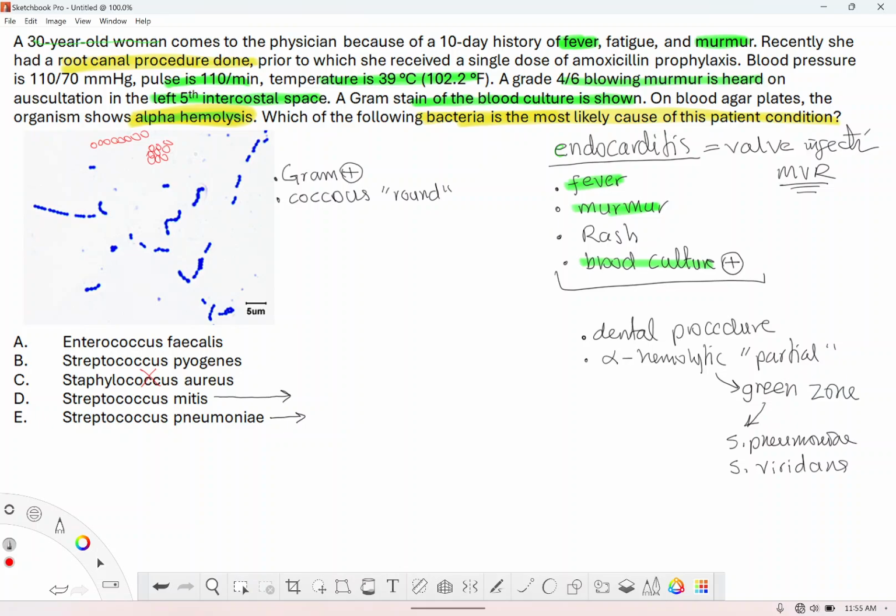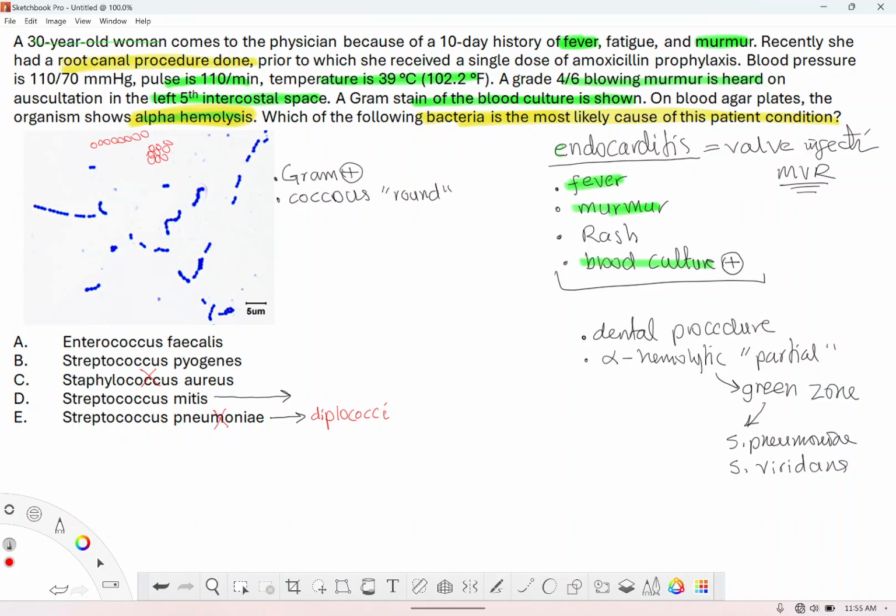Now I'm going to go with Streptococcus pneumoniae. Streptococcus pneumoniae is usually diplococci, which means round cells in pairs. In this picture, I don't see pairs. I see a linear, long chain of multiple round cells. So already I'm thinking it's not Streptococcus pneumoniae.